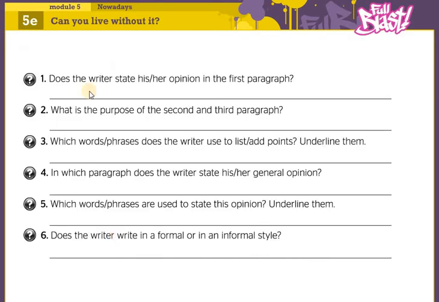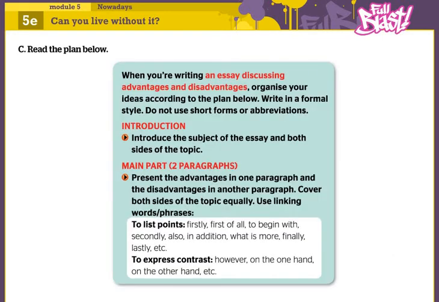First we're going to get back to these questions, but I would like you to have a look here. Read the plan below. When you're writing an essay discussing advantages and disadvantages, organize your ideas according to the plan below. Write in a formal style. What is a formal style? Formal style simply means to write the words fully.